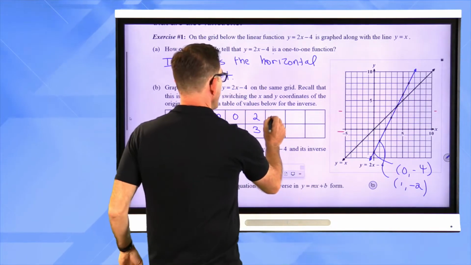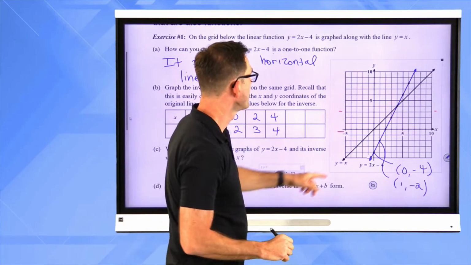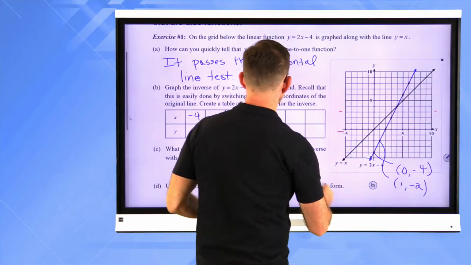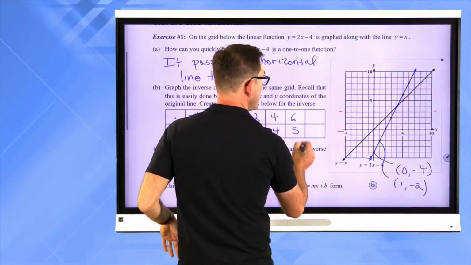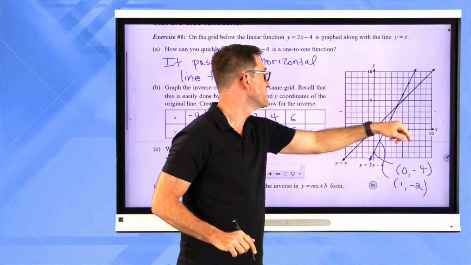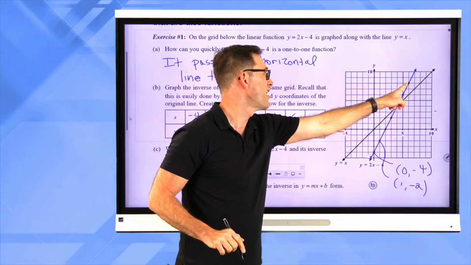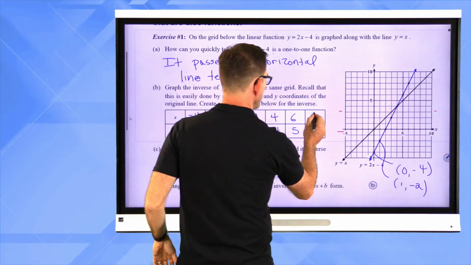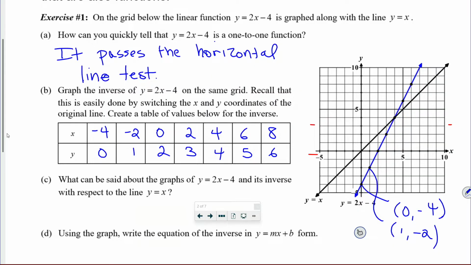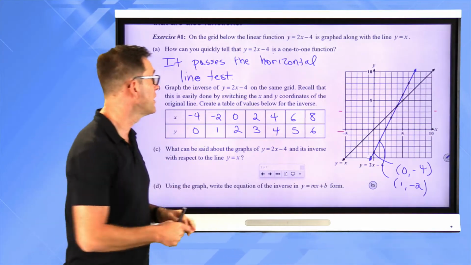Of course, when we flip those, we'll just have 4, 4. Here we have the point 5, 6. When we flip those, we'll have the point 6, 5. And finally, we have the point 6, 8. When we flip that, we have 8, 6. That will allow us now to plot the graph of the inverse.